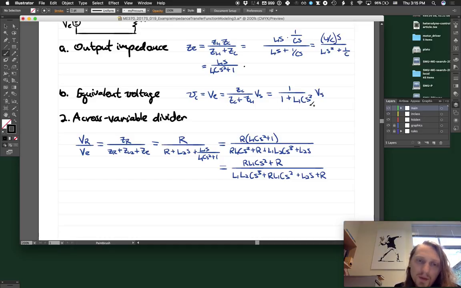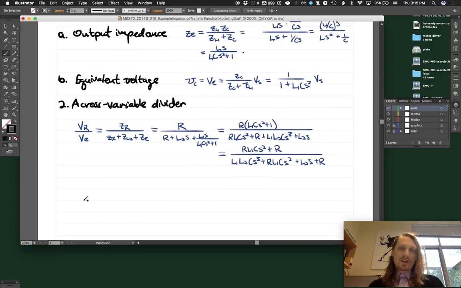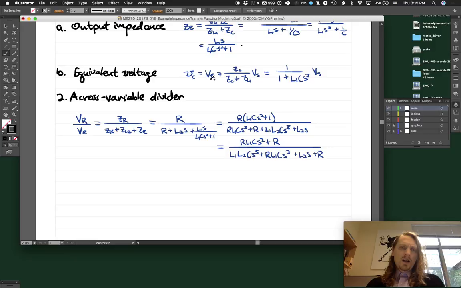We're going to multiply it back through again. So this is what happens when you do a problem without having already done it. Doing it live here. So let's plug in our VE as this expression so that it has VS. Notice that that's just going to leave this 1 over 1 plus L1C S squared term in the denominator, so we need to multiply both sides by that term to get rid of it.